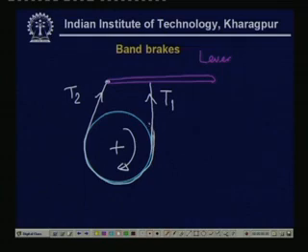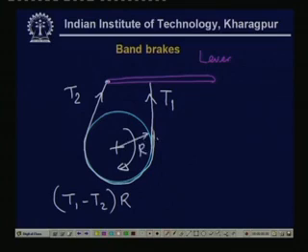Whenever we want to apply a brake, T 1 must be greater than T 2, that is, T1 minus T2 times r, if r is the radius, will be the braking torque, and that must be positive. So, T1 is greater, and that can be done only if we apply force in these directions. So, this is how the band brake operates.